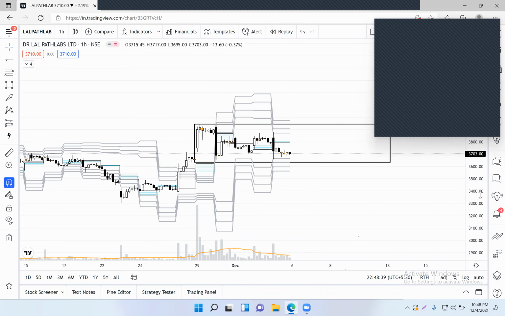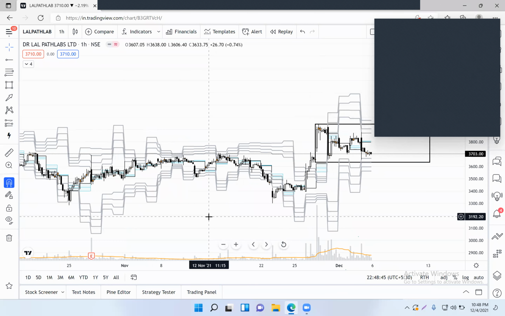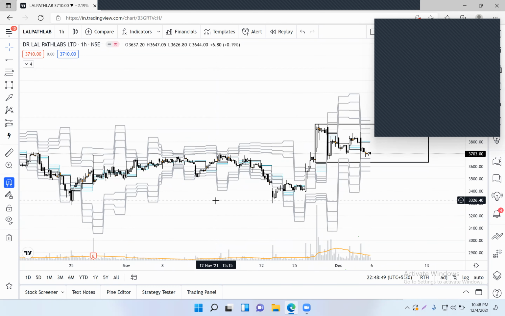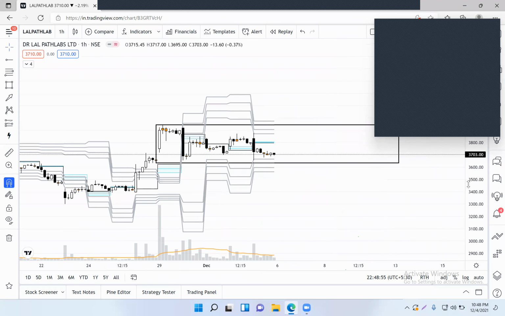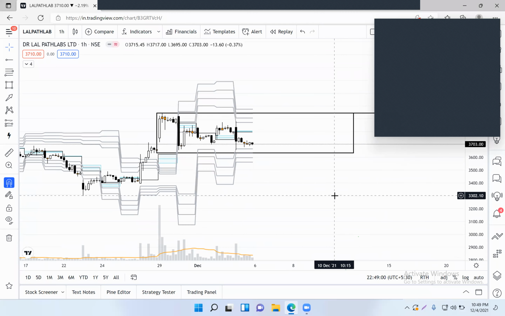I have also seen various Telegram or Twitter handles picking up bottoms, but have you seen their stop losses? They are putting a stop loss of around 5%, 10%, correct? And they are giving it as a swing pick.